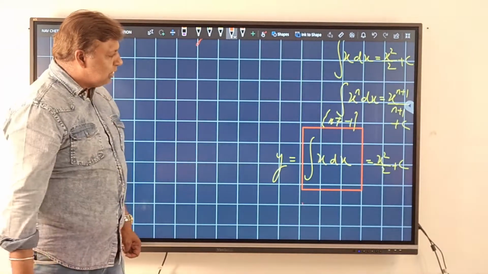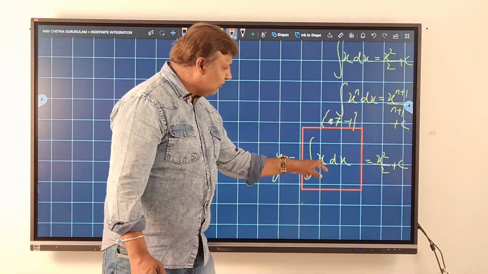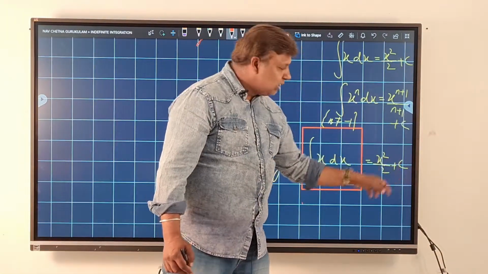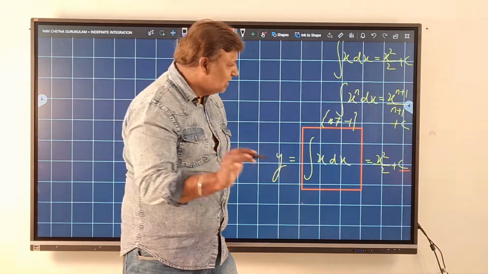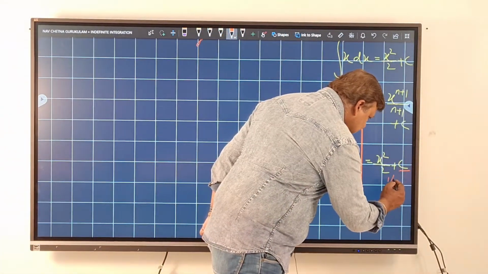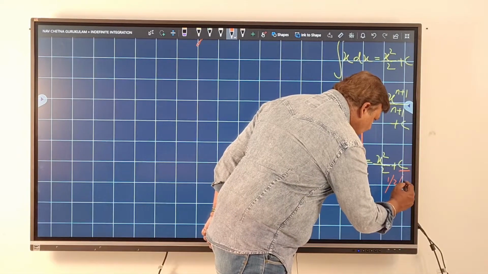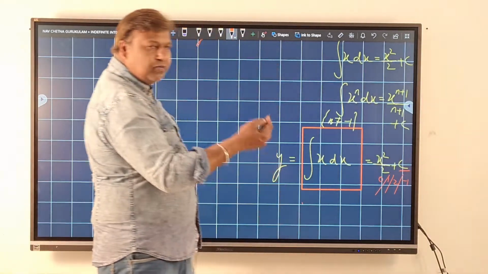So y is equal to integral of x dx, which is ultimately equal to x squared by 2 plus c. So making a graph of this means making a graph of this. And since c is not a variable, it's a constant, it can take any of the values like 1, 2 or minus 1. You can even take 0, any of those values.